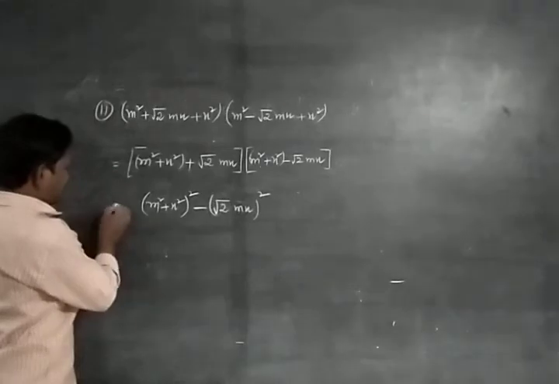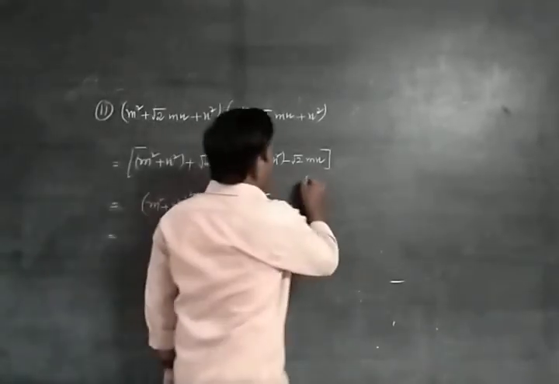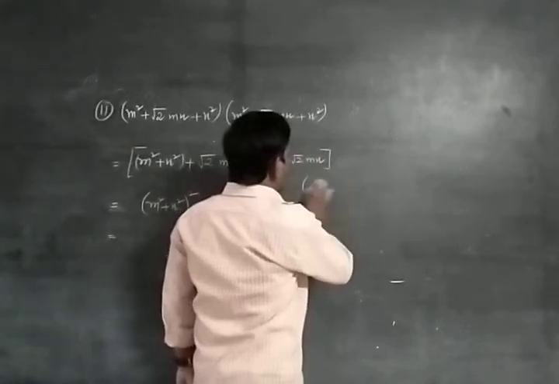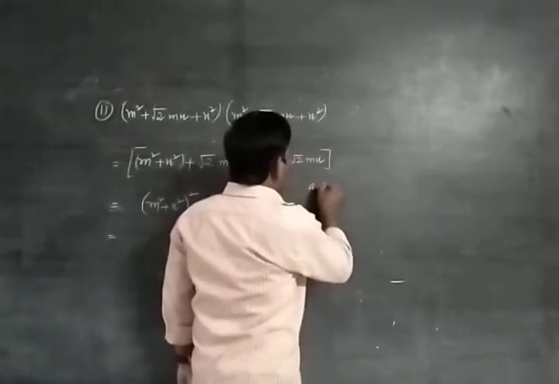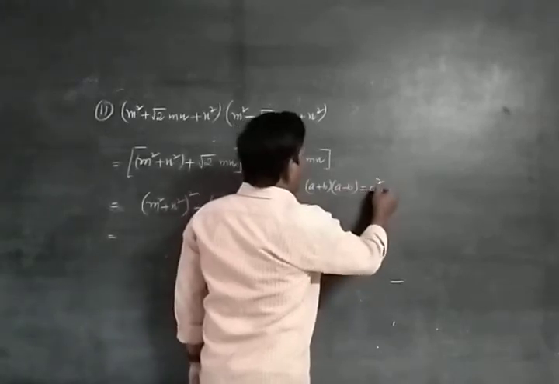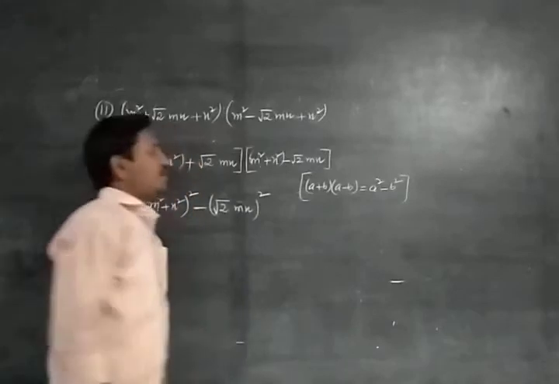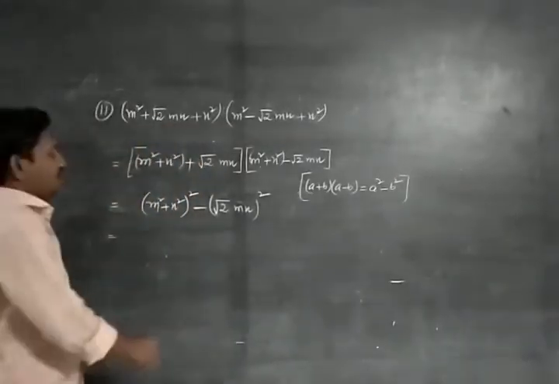So which formula is used here? A plus b into a minus b equals a square minus b square.